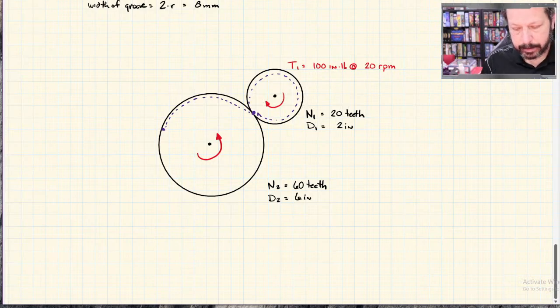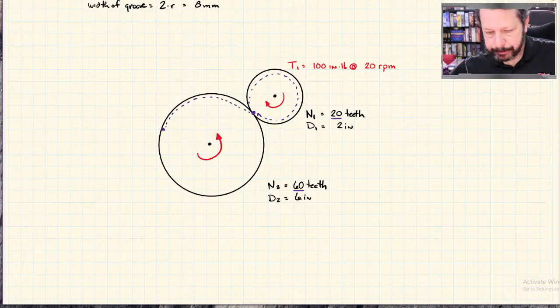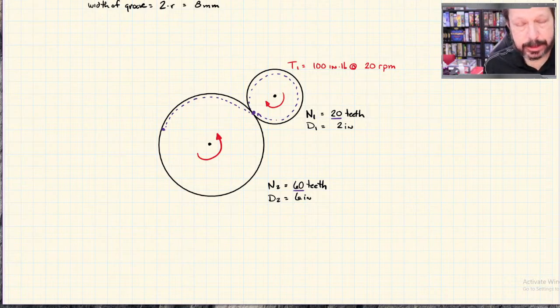It takes more turns of the small gear to get one revolution out of the big gear, and that ratio is your number of teeth or diameter or radius. So if the little one is spinning 20 RPM, I probably should have picked better numbers, then the bigger one's going slower, right? Because I turned the little gear 1 revolution, and the big gear's only going around 1/3 of a revolution.